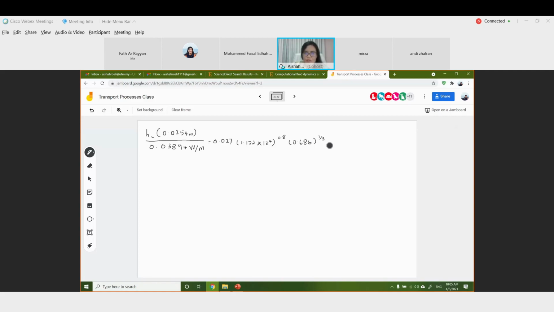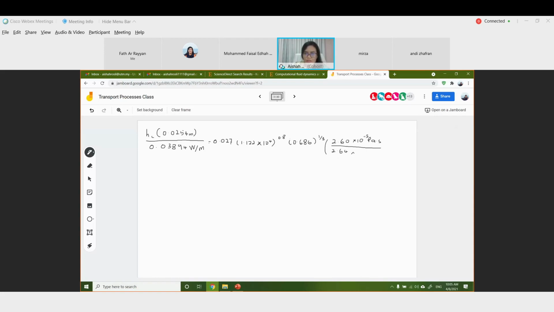The mu bulk is 2.6 times 10 to the power of negative 5 Pascal second, divided by the wall viscosity, or the viscosity of the air at the wall, the surrounding air.